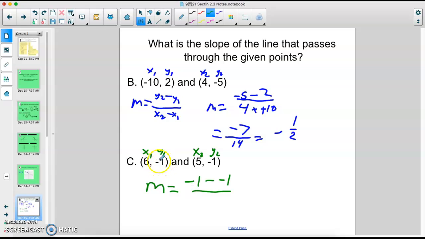Since I started with y1, I have to start with x1, so 6 minus 5. Two negatives become a positive, and this turns into 0. -1 plus 1 is 0, and then this would be 1, which 0 divided by 1 is just 0. So our slope is 0.